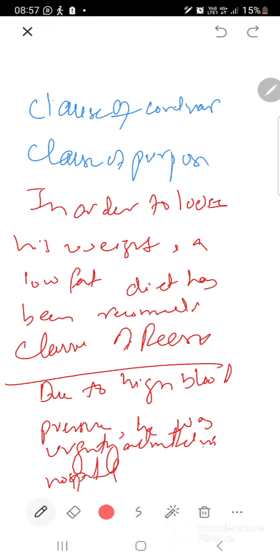So we have different clauses: contrast, purpose, and reason clauses. They can be written in parallel. We also have time clauses, such as at the time of admission. We should separate it with a comma. Okay. So I hope it is clear to you?